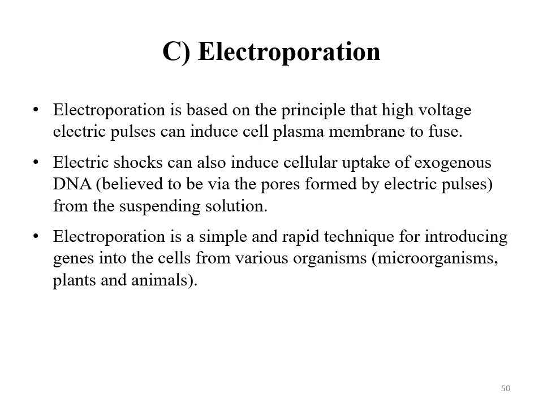Electric shocks can also induce cellular uptake of exogenous or foreign DNA from the suspending solution. So electroporation is a simple and rapid technique for introducing genes into the cell from various organisms such as plants, microorganisms, and animals.